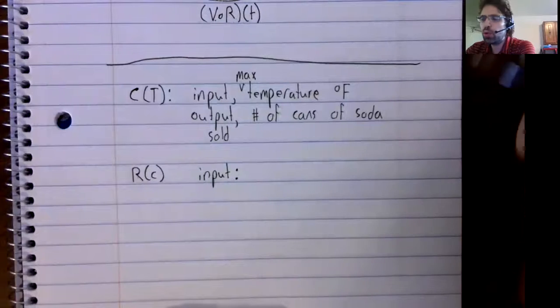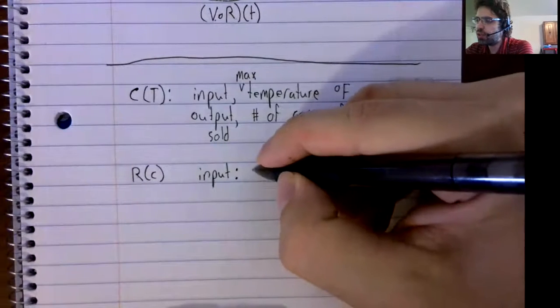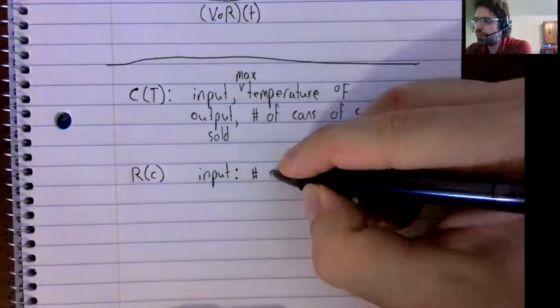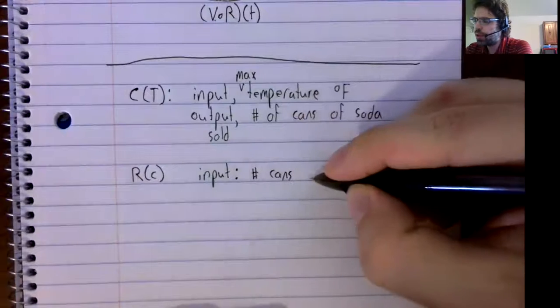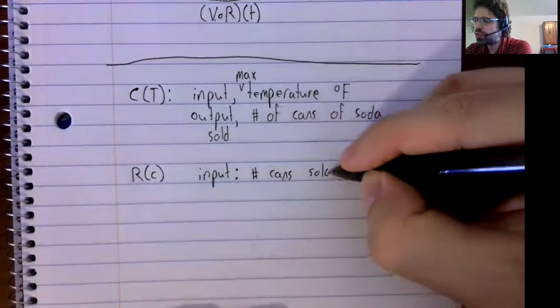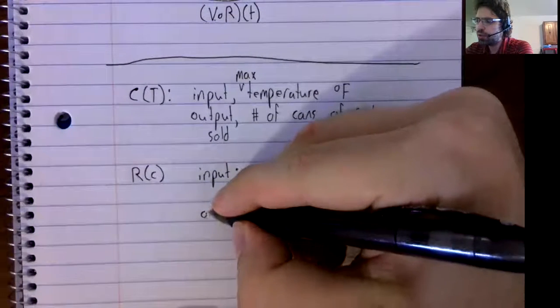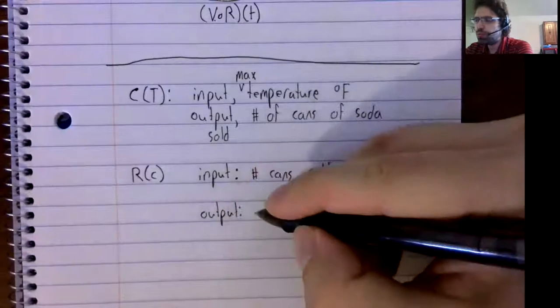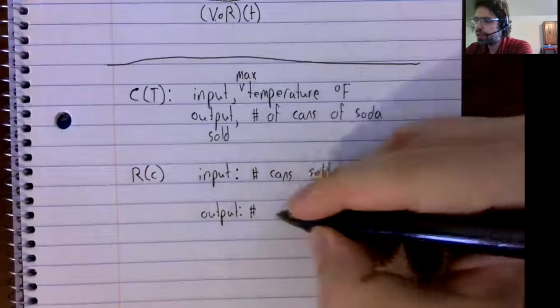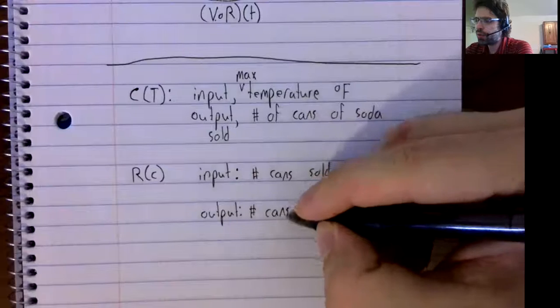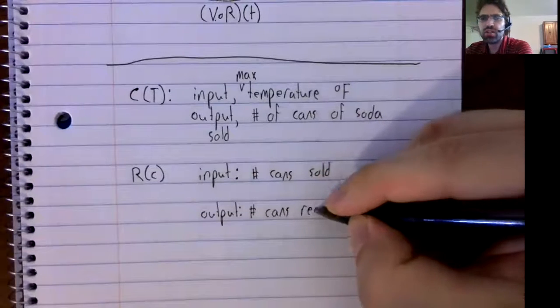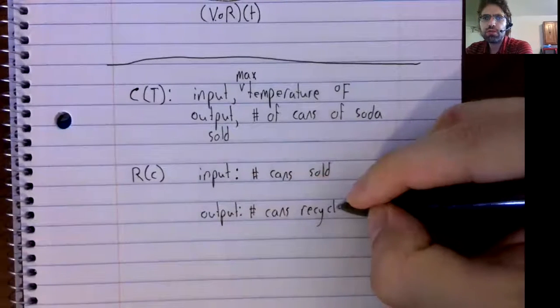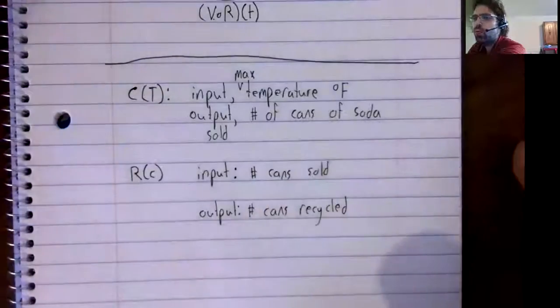This function will take as its input the number of cans sold and give as its output the number of cans recycled.